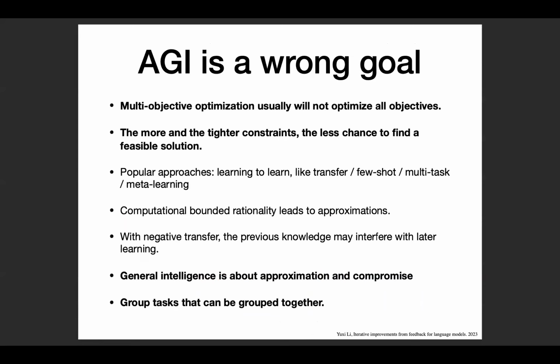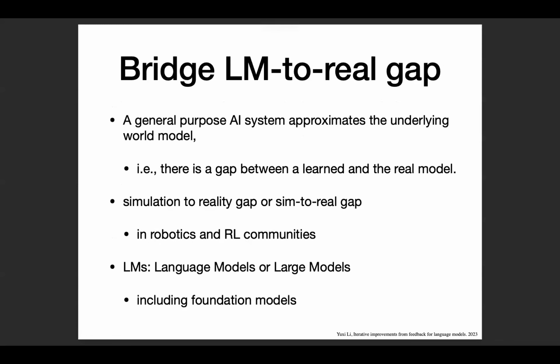Another is, when you have multiple constraints, the more and tighter the constraints, the less chance to find a feasible solution. If you accept these principles, what's the meaning of AGI? Nowadays all the people are talking about AGI. It's wrong. Anyway, hopefully you're not surprised too much.